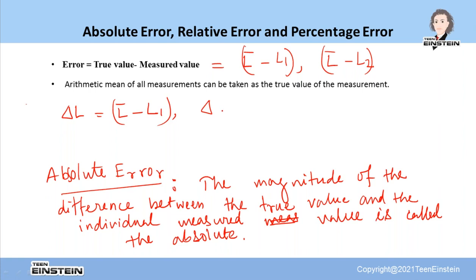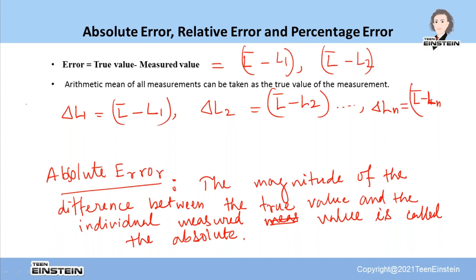So this is for a single measurement. I can take another one. Suppose this is the absolute error for measurement 1, I can get the absolute error for measurement 2. Like that I can get n such absolute errors. How many? n numbers of absolute errors I'll get.